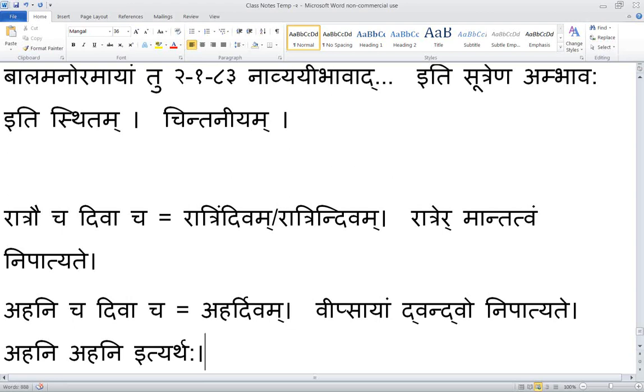Basically I'm putting exactly what Kaumudi has said. Vipsayam dvandvo nipatyate. Ahani ityartaha. Ahanyahani. I guess I can do the sandhi here also. Ahanyahani ityartaha. So it means repeatedly day after day. Now let's talk about the sandhi for a second.